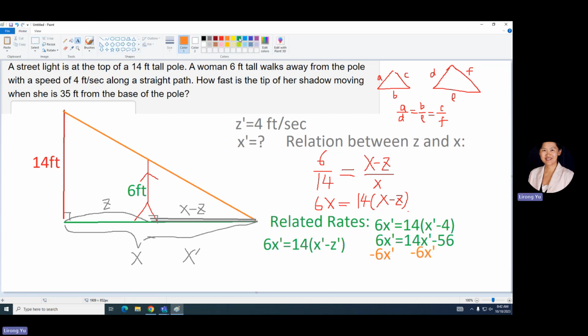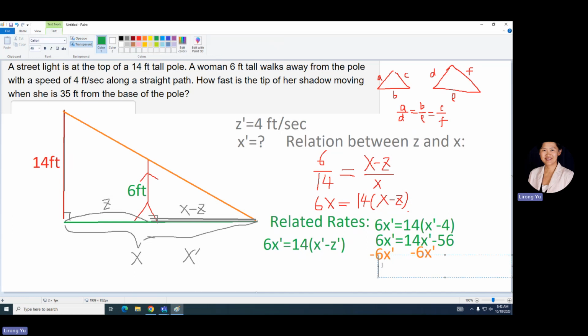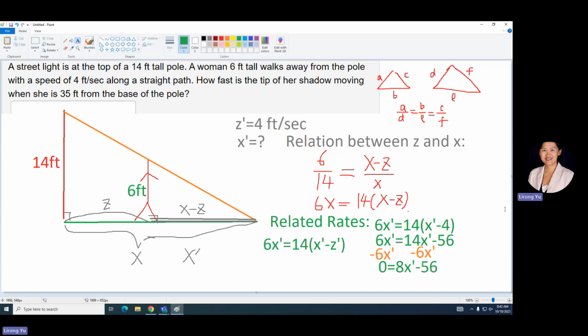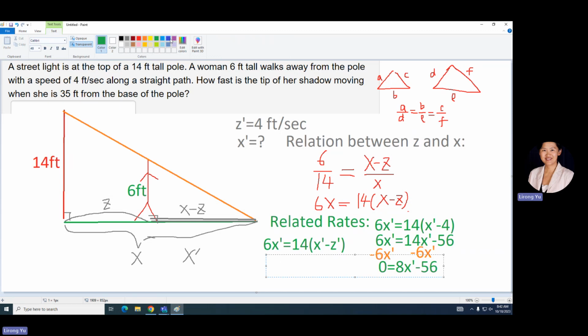Okay, then we have 0 on the left side equal to 8x prime minus 56. And you can move the 56 to the other side of the equation, which ends up giving you 8x prime equal to 56. So x prime equals 7.